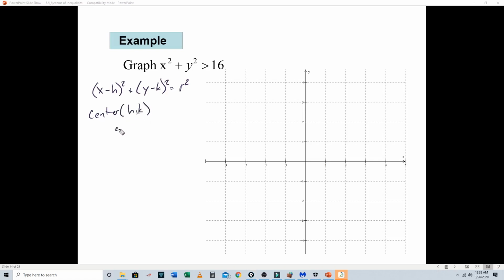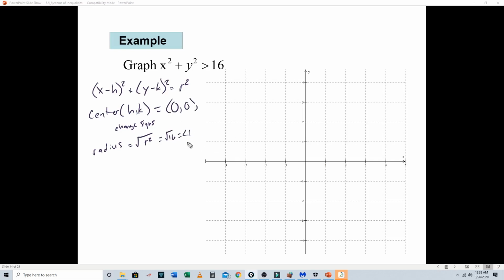Don't forget you have to change signs. Your radius is the square root of r squared. Here we don't have anything in the parentheses, so my center is (0, 0), and the radius is the square root of 16, which is 4.